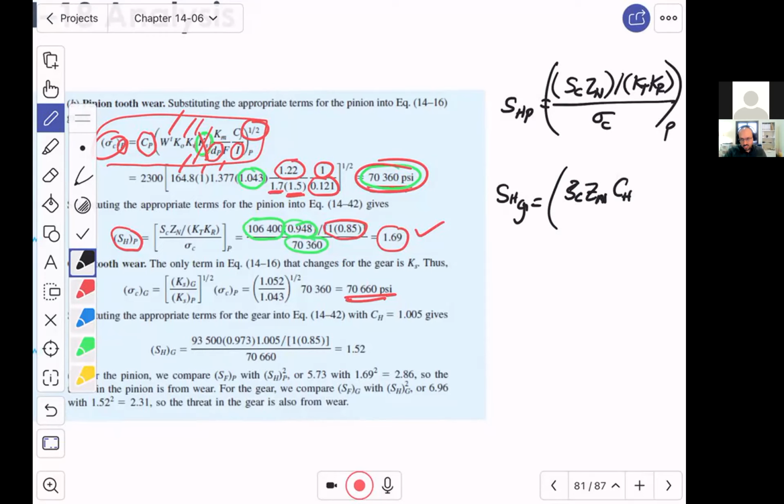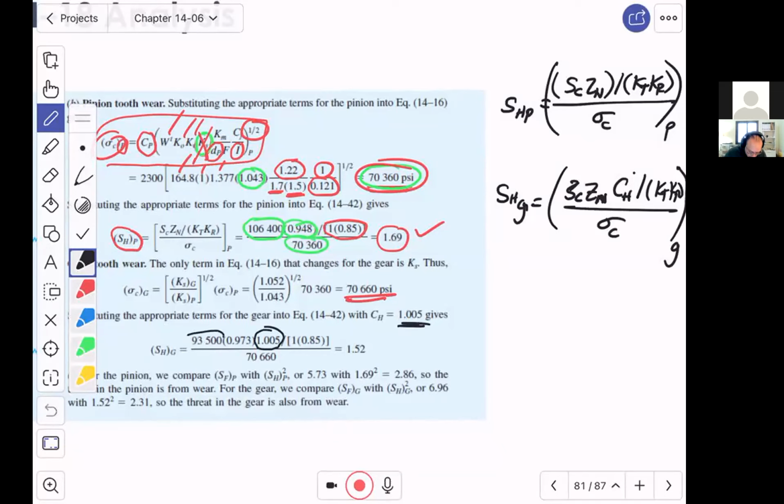That's the difference, because CH is only applied on the gear. And then you divide this by KT, KR, and then by sigma C, and this one becomes for the gear. If you look over here, CH was 1.05, so there we go. We have to add it in.